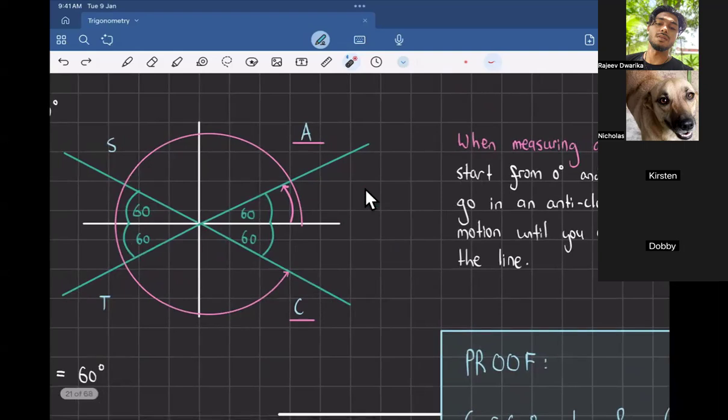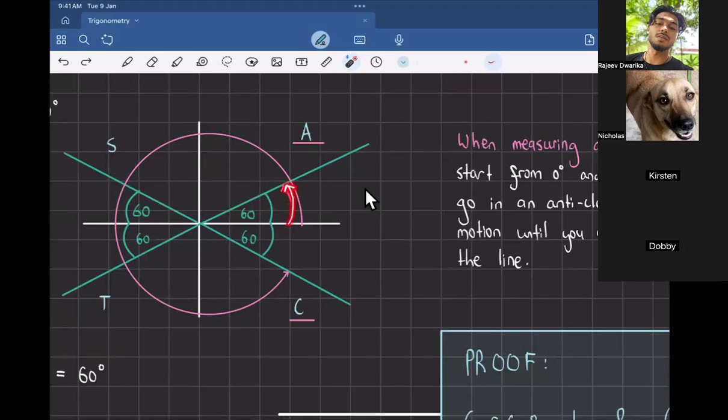So when measuring angles, you're going to start from 0 degrees and you're going to go in an anti-clockwise manner until you hit the line. So Kirsten, what angle does that measure? I start from 0, I went in an anti-clockwise and I hit the line.